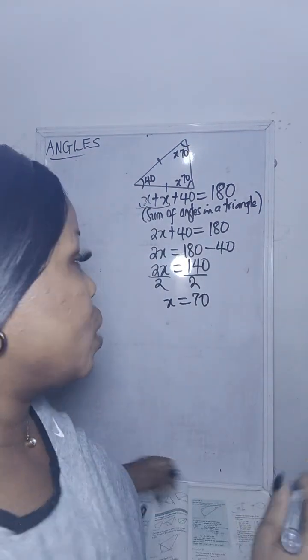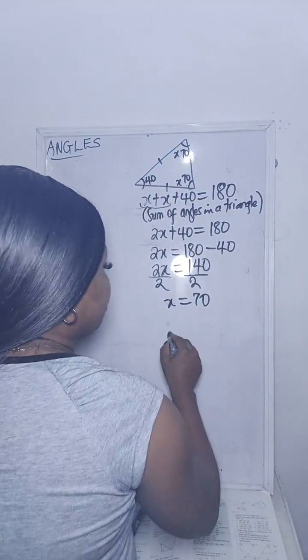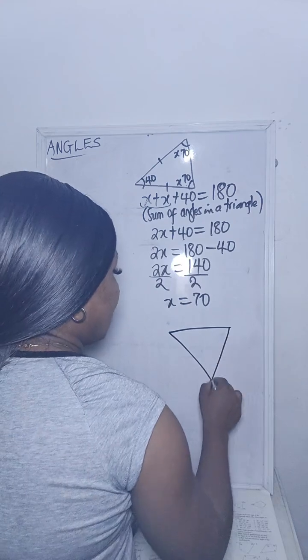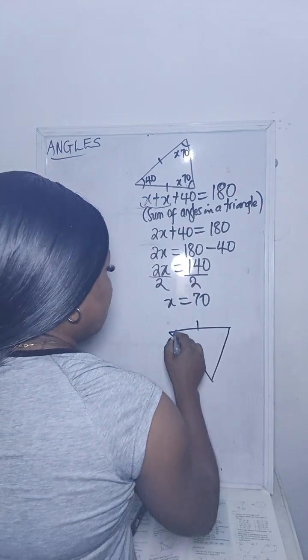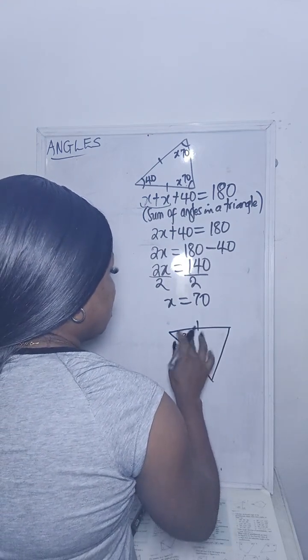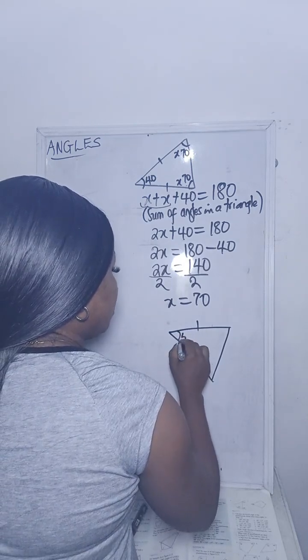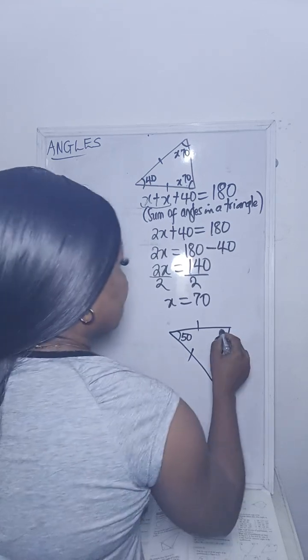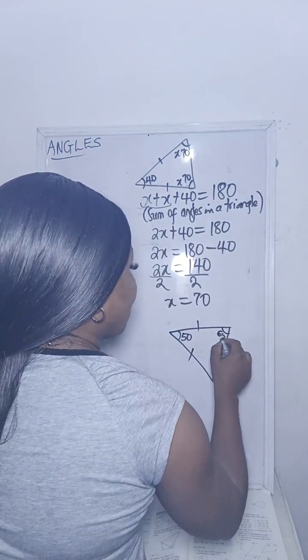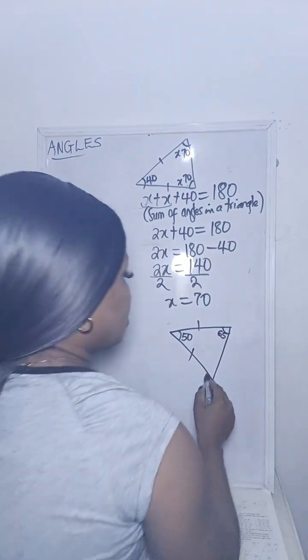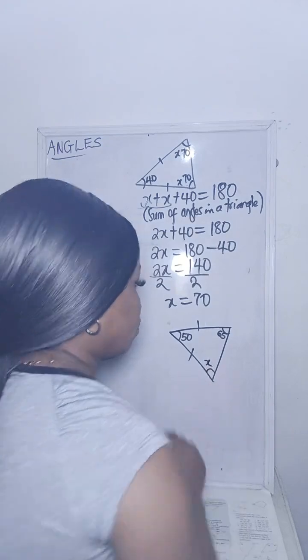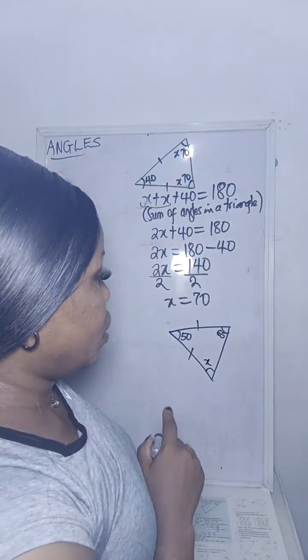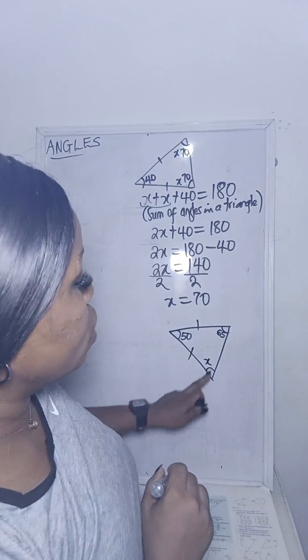So if you are given a question like this, and you are told that this side is 50, and this side is 65, and you don't know what this is.